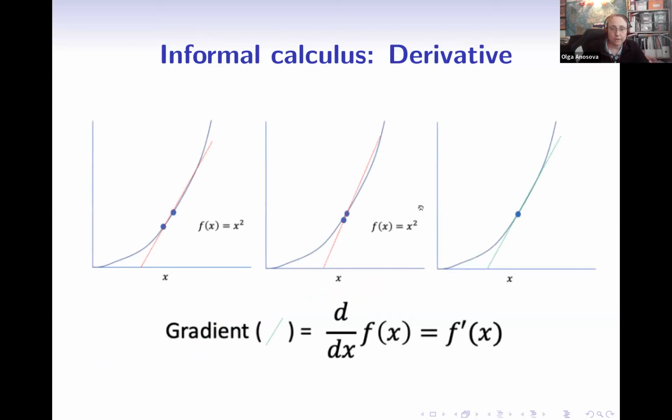The first is the derivative, which is just the rate of change, and can be depicted as the gradient of a line. Here we have two dots, and the line that goes through them is this red line. But if we move the dots closer and closer together, at some point it becomes a tangential line or gradient, and that's what a derivative is about.